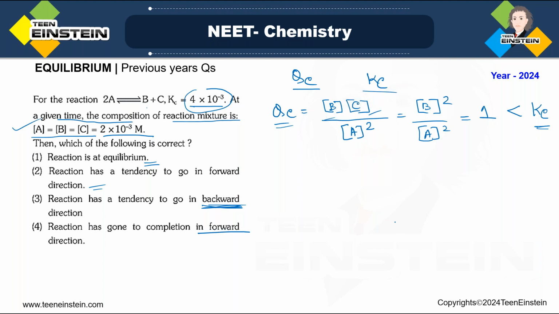If we want to decrease the value of Qc from 1 to 4 × 10^-3, what we have to do? The concentration of the denominator, that is A, should be increased.